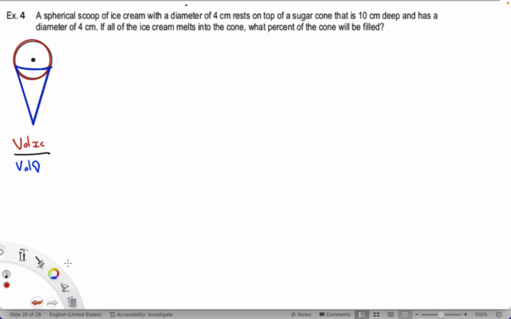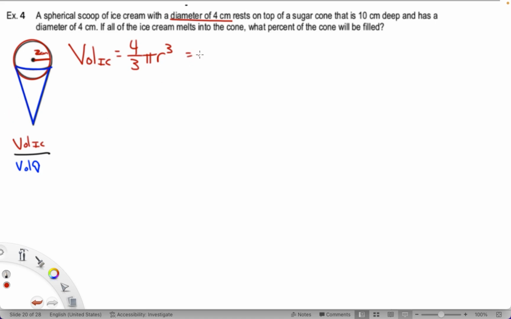All right, so first let's do the volume of the ice cream. The volume of the ice cream is just the volume of a sphere, which of course is 4/3 pi r cubed. And it says that the ice cream has a diameter of 4 centimeters. If the diameter is 4 centimeters, then the radius is going to be 2 centimeters.